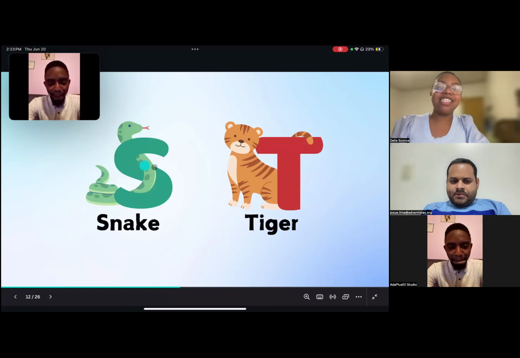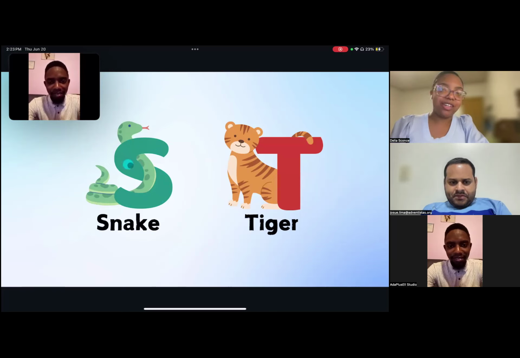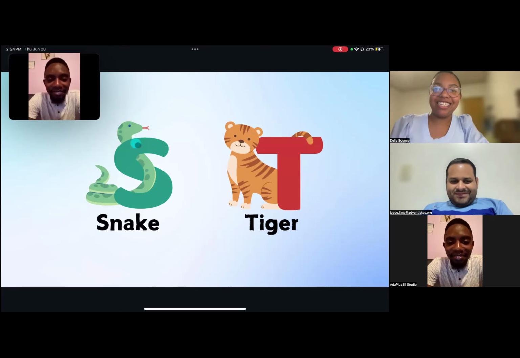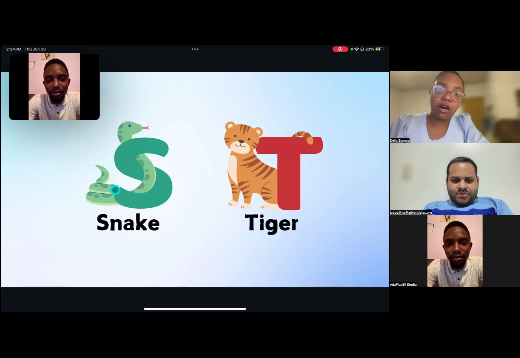S for snake. This is one I do not like. The snake is green. Snakes can come in different sizes, but their body is always long. And they have teeth with venom.